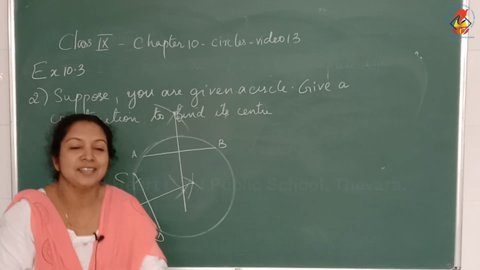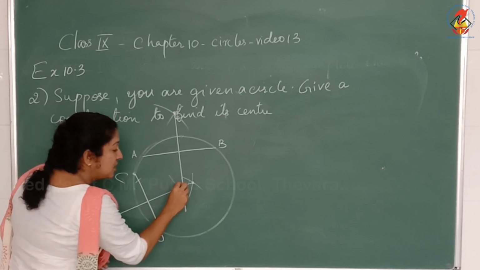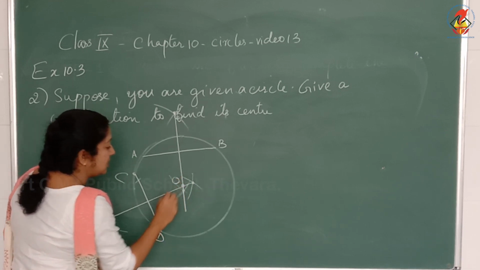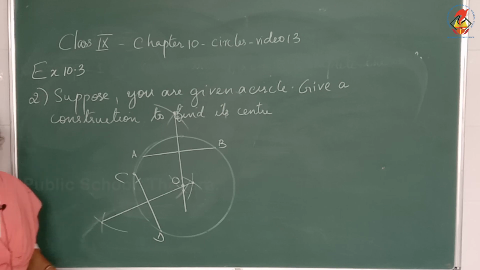The point of intersection of these two perpendicular bisectors is the center of the circle.